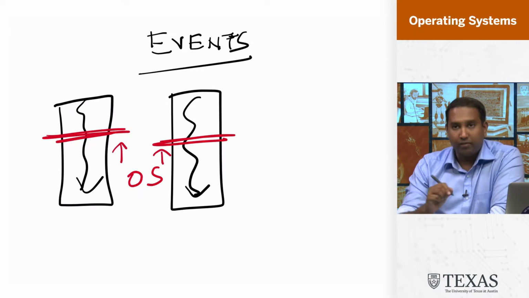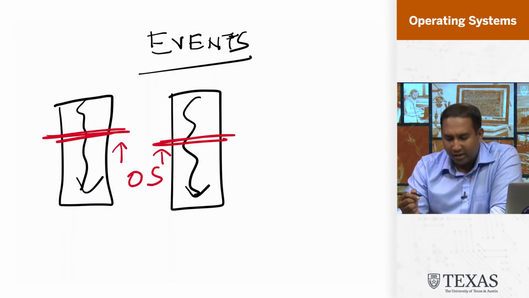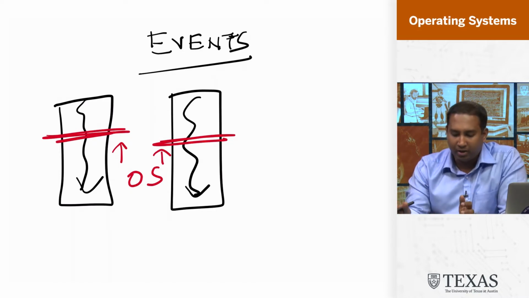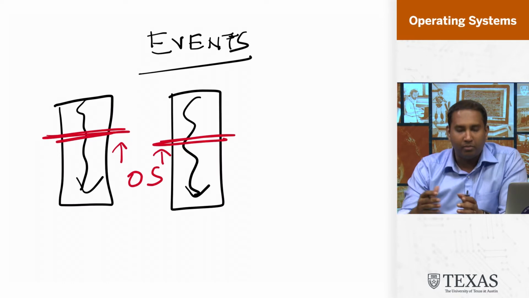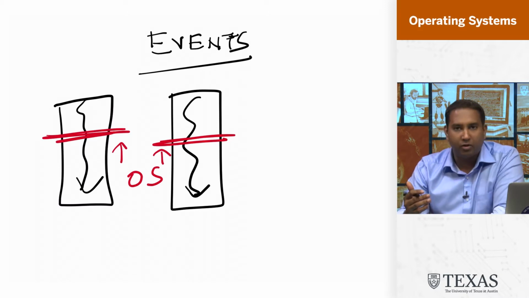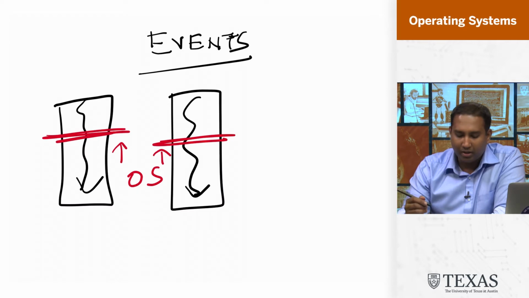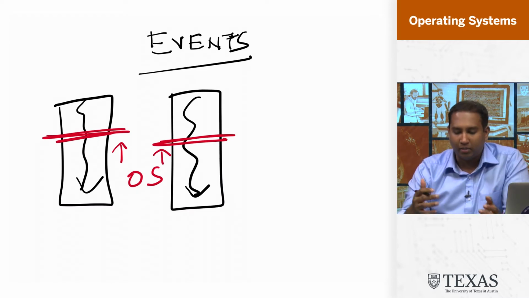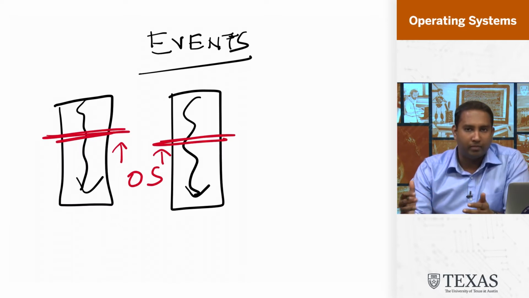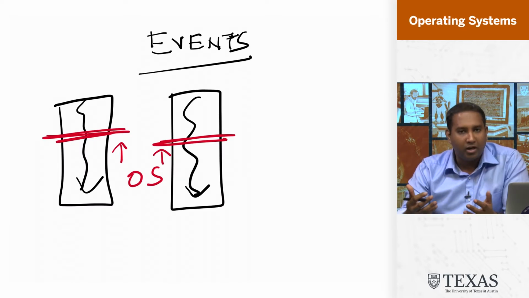If you remember, there is this idea of a context switch, and the OS can basically say to any process at any point of time, I'm going to stop you and put you to sleep, I'm going to save your state, and then I'm going to run a different process. The same is true for threads also. So in thread-based programming, we use threads to do multiple units of work at the same time, but we don't really have control over scheduling. The OS is in charge of scheduling a particular thread or a particular process.